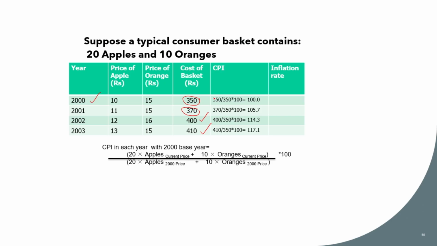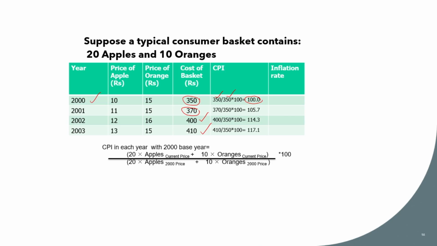So you can see that the cost of the basket in 2000 is 350, and since we are taking 2000 as the base year, the cost of the basket is the same. So you get 350 divided by 350 times 100, which is 100. It also shows that in the base year we always get 100 as the CPI, the price index.